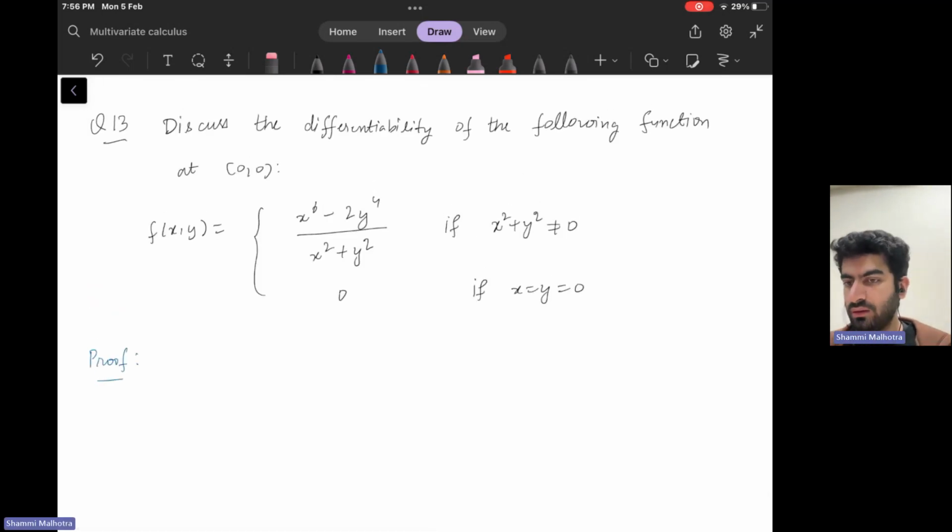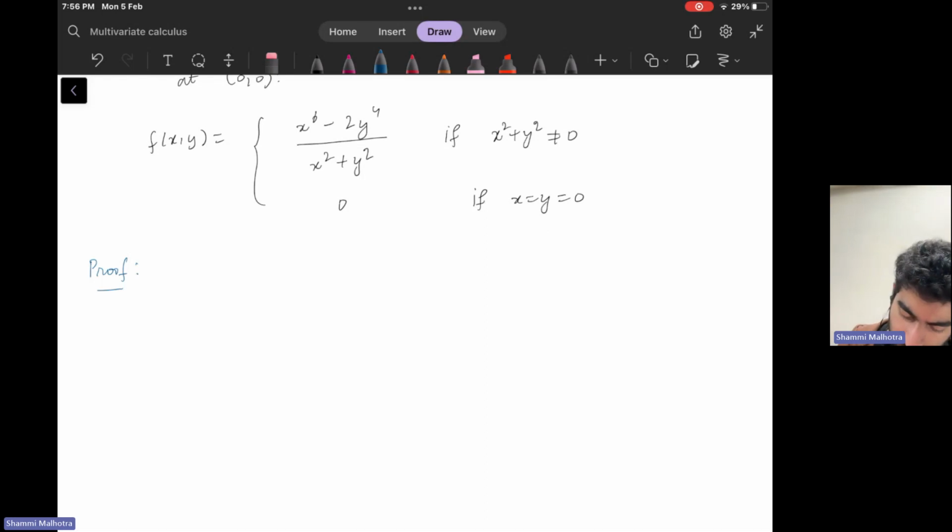So again, to check the differentiability, we use the limit method. So let us try to calculate the partial derivative first. So del f by del x at 0, 0. We have limit h tending towards 0 of f at h comma 0 minus f at 0, 0 whole divided by h.